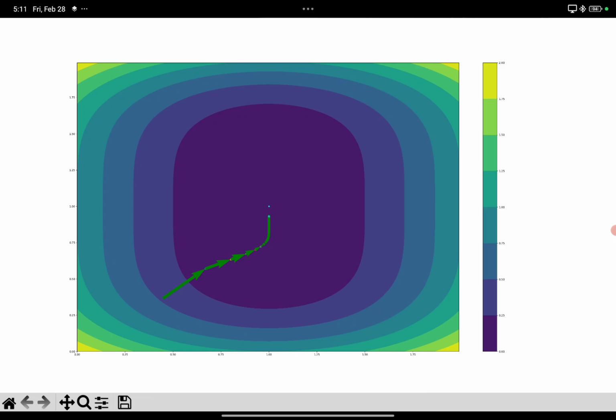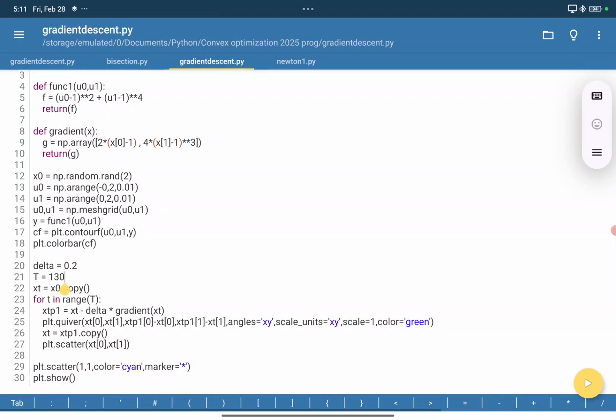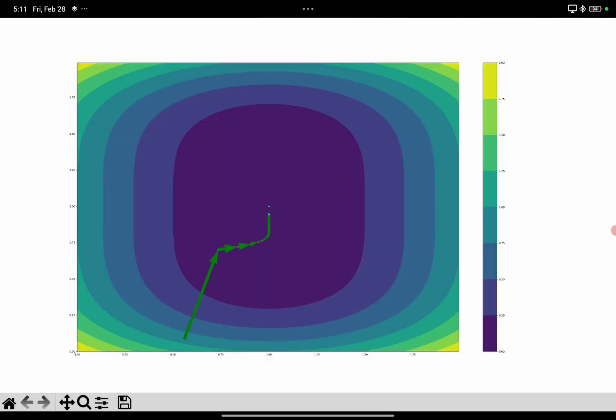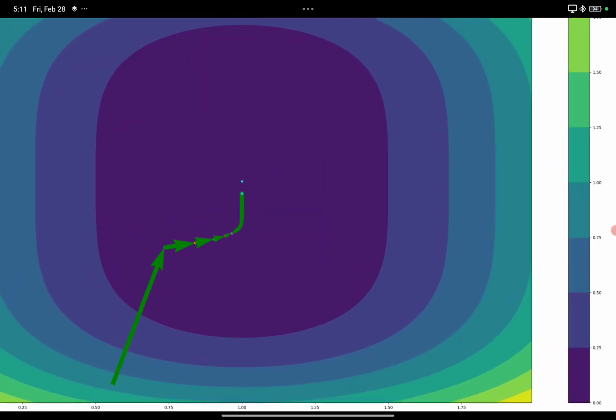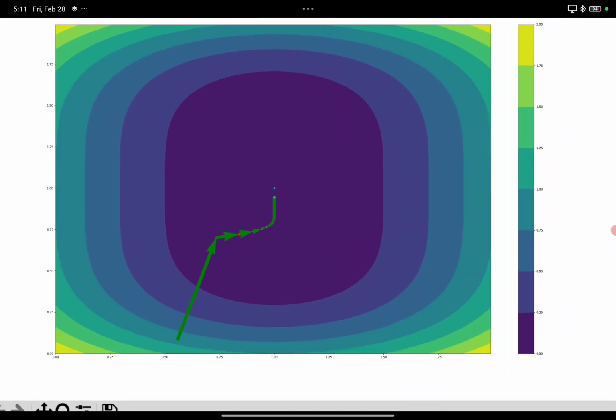I've increased this from 10 to 30 steps. If I run this for 130 steps... Again, this also depends on where I start from. But in general, you need a really large number of steps to get to the minimum. Again, the main problem here is that the derivative is pretty small.